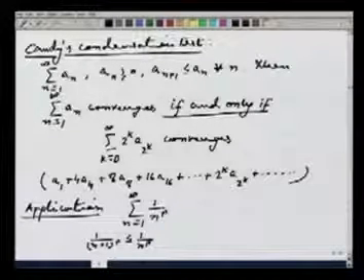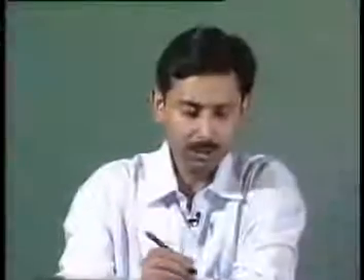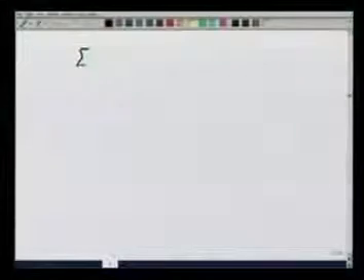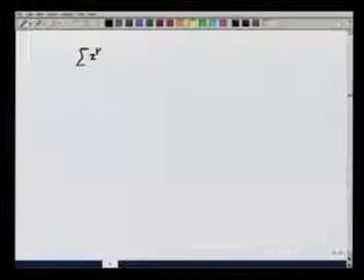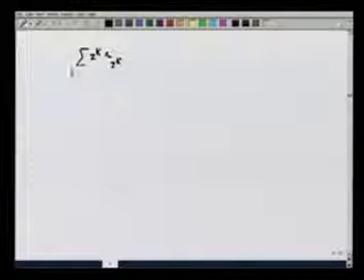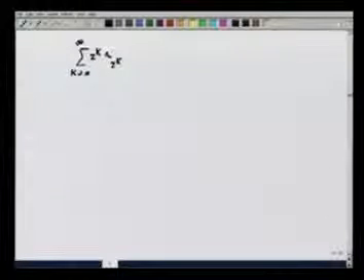That means what I need to look at? I need to look at this series now: 2 to the power k, a 2 to the power k, where k varies from 0 to infinity. But I know what a n is. a n is just 1 by n to the power p.